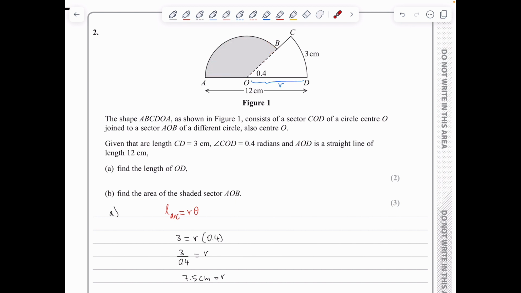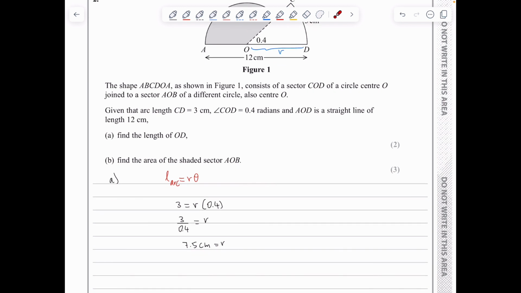In part B, we need to find the area of the shaded sector AOB. So let's start by reminding ourselves that the area of a sector when theta is in radians is given by a half r squared theta. We know that the angle AOC here is pi minus 0.4. We have found r to be 7.5, and therefore the distance AO is simply 12 minus 7.5, which works out to be 4.5.